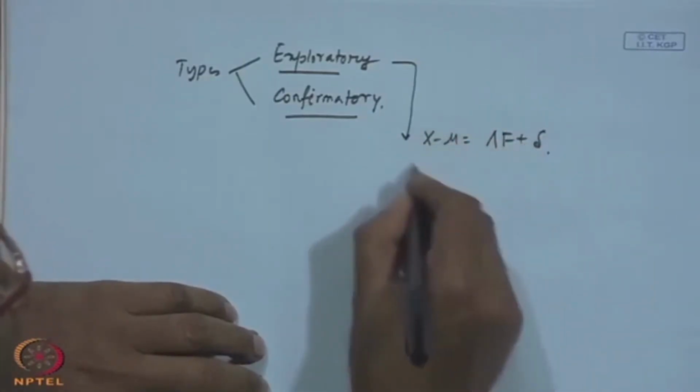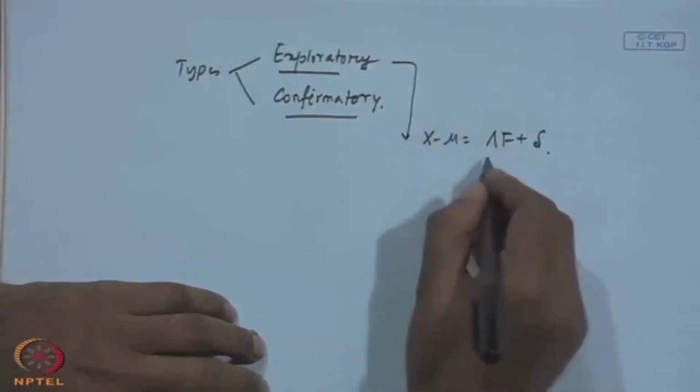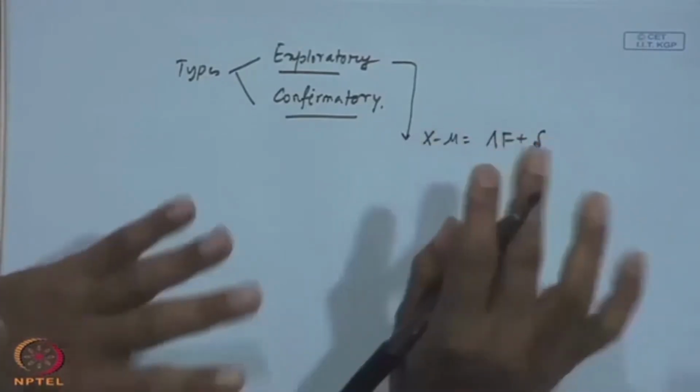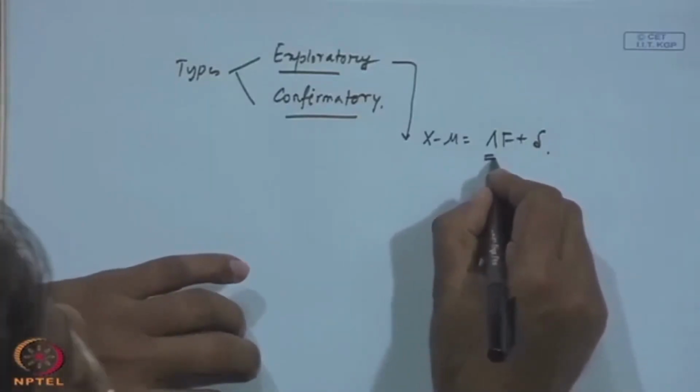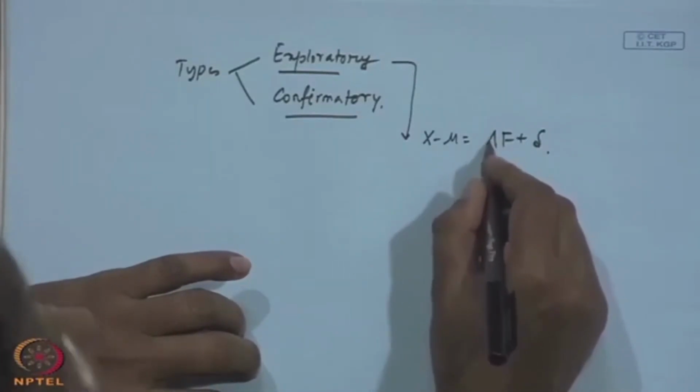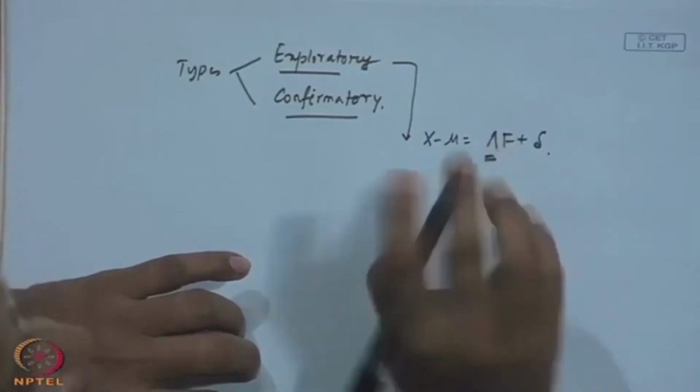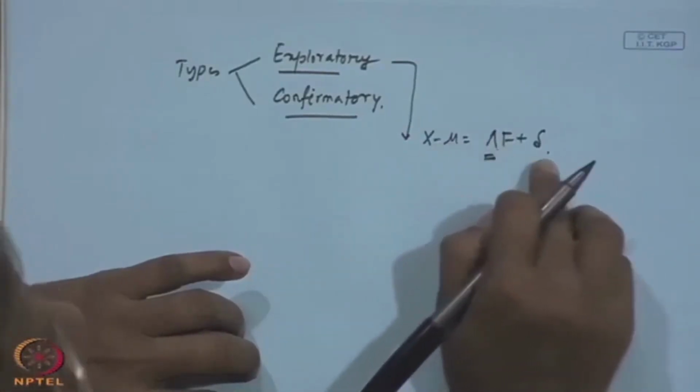Here we have taken all x and all f connected together because of this capital lambda matrix. Because of this capital lambda matrix we have connected both.